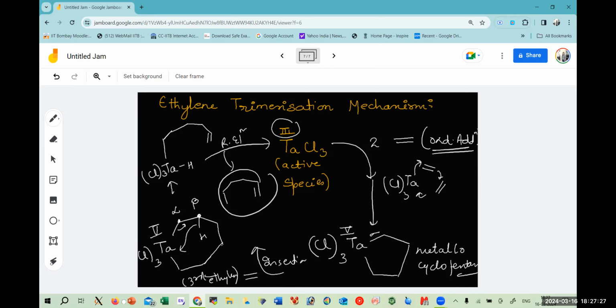The beta hydride position would undergo beta hydride elimination. Once this is formed, it would form a tantalum hydride and the cyclic product would open up. Now we know that it is in the +5 state. It can easily go to +3 because of the reductive elimination. So this group and this whole alkyl group would make 1-hexene as your final product and would regenerate your active species. So this is a very simple mechanism if you have understood properly.